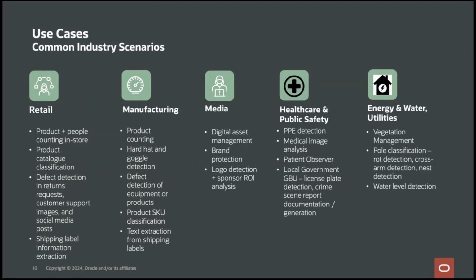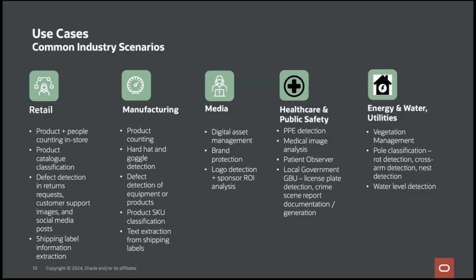Product catalog classification can be done, and if there are any defects in specific products, for example when products are returned, you can detect all of those using OCI Vision. You can also pick up social media posts or do sentiment analysis on images that have been sent as feedback from customers. There's also text detection that can be done on shipping label information, which can extract all the information that's part of a photograph of your shipping label.